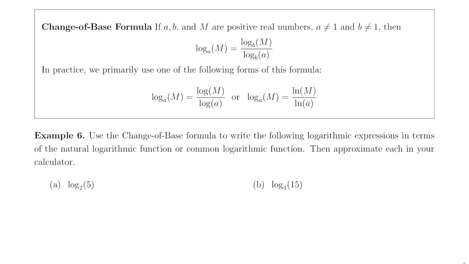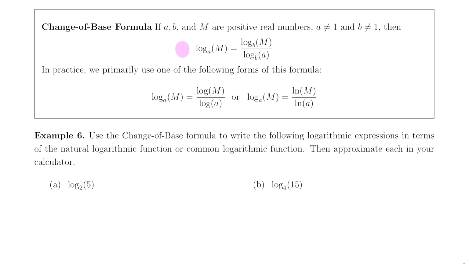You can actually change to a different base with that formula, and the most general form is given up here, where we say that logarithm to the base a of any expression or number m can be rewritten as logarithm to a different base b of just m, and then divide that by the logarithm to the same base b of the number a that was formerly the base. So you're basically simply dividing the logarithm of m and the logarithm of a to any base you like.